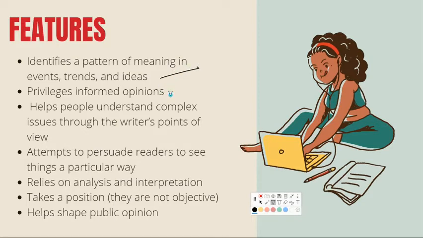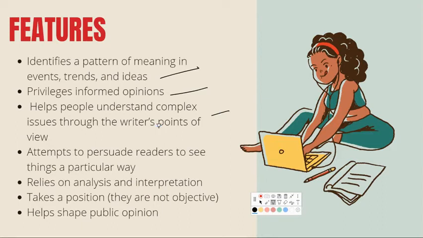It privileges informed opinions. So here, we are to make sure that the opinion we're going to share in the text should be something that is researched. Okay, it helps people understand complex issues through the writer's points of view.